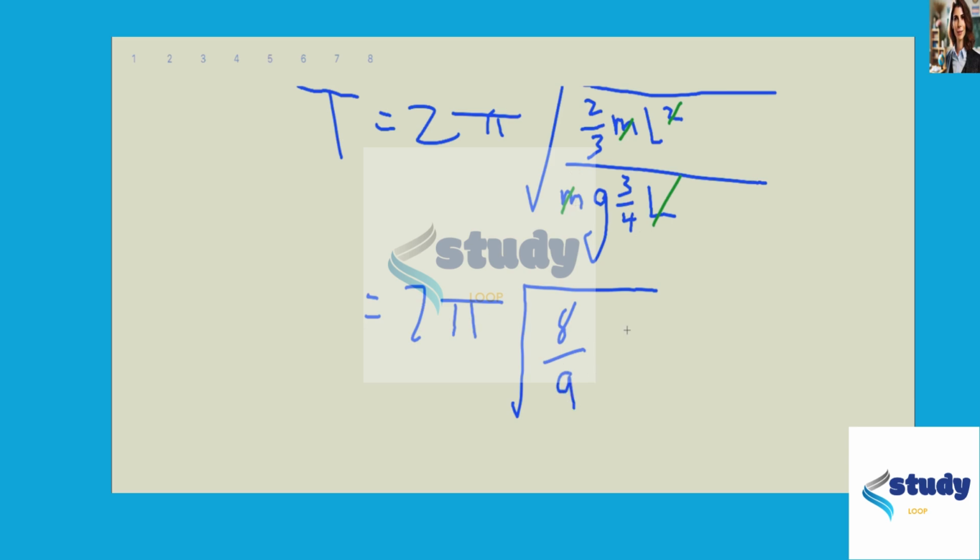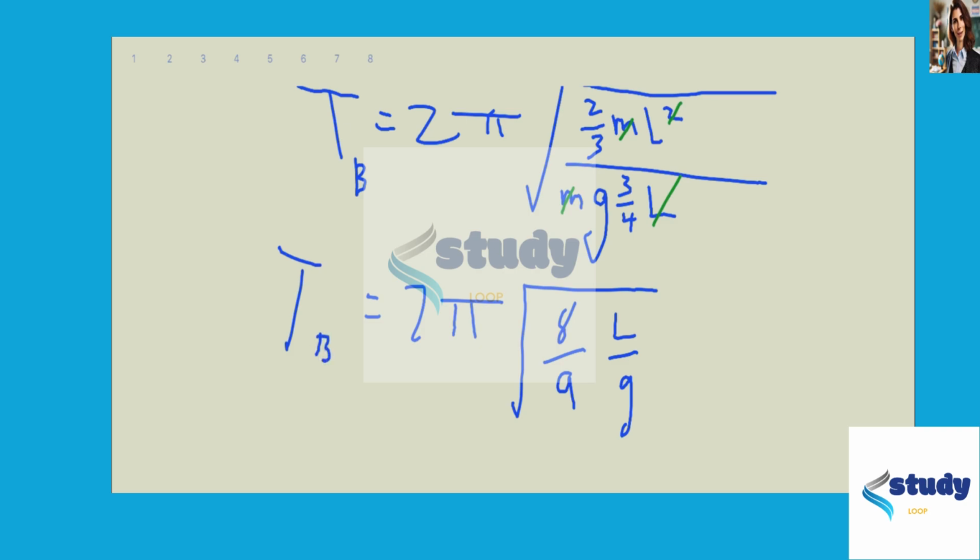I'll let you figure that out on your own. Double check me. So we have 2 pi times root 8/9 times L over G. And this is for system B.